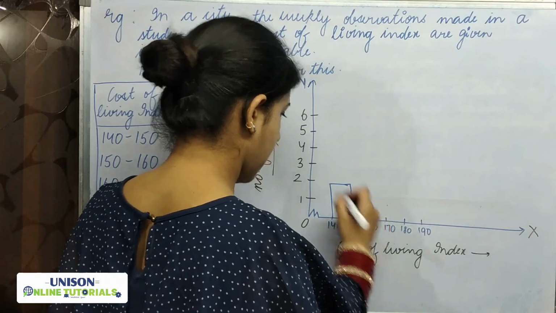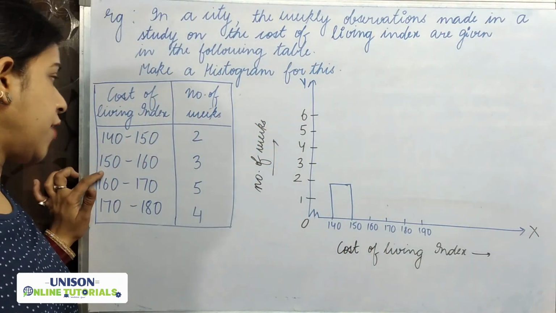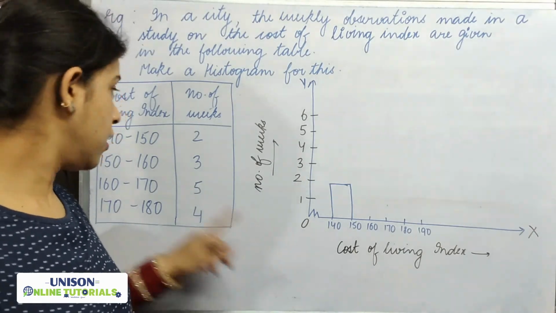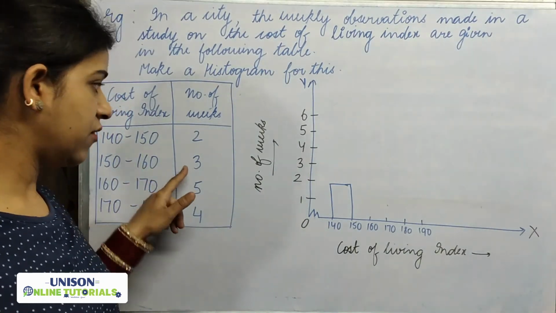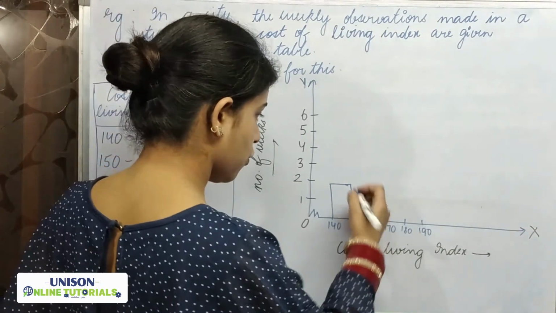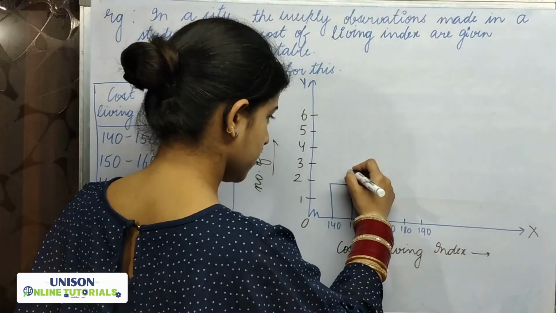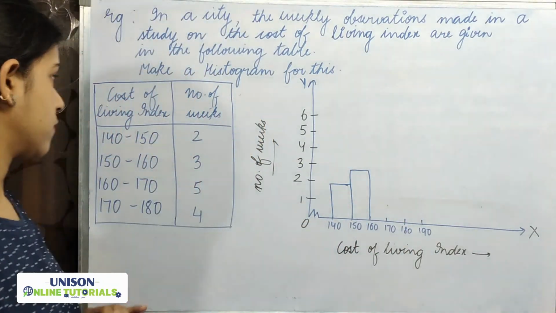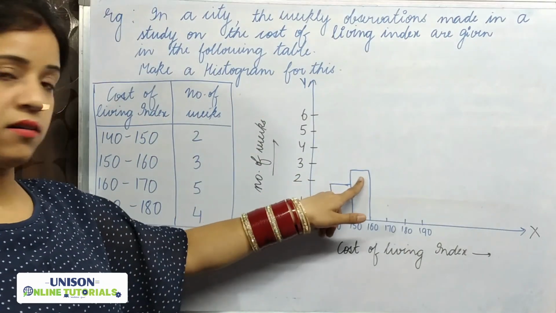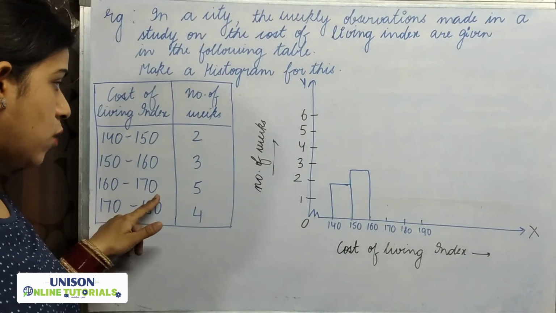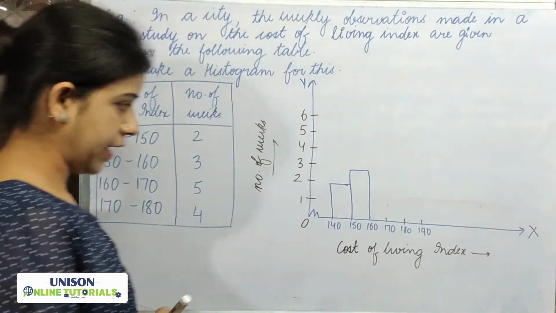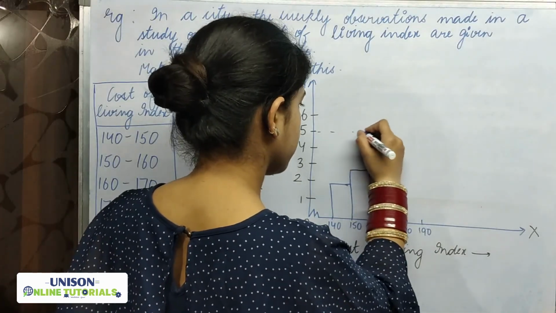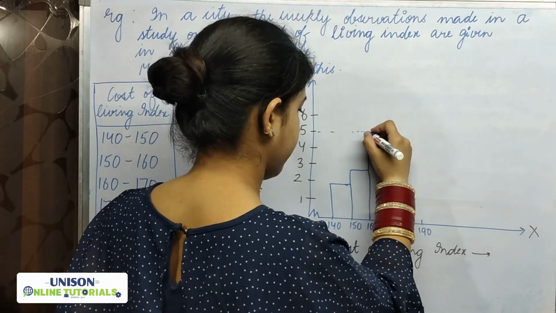Make a bar. Now second one, 150 to 160. In a histogram bars are joined. For 150 to 160, the number of weeks is 3. Now from 160 to 170, the number of weeks is 5.